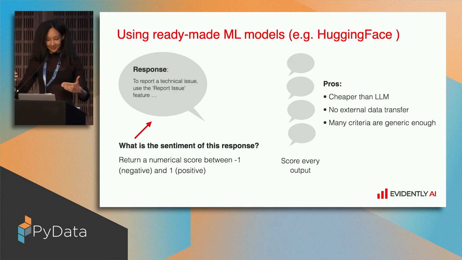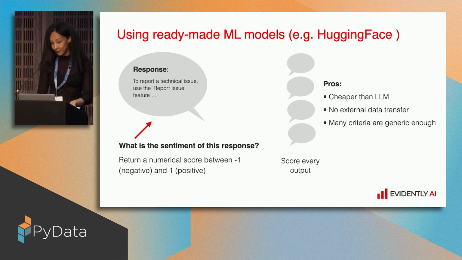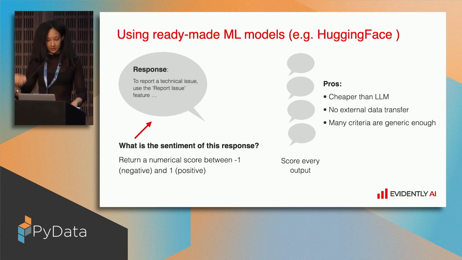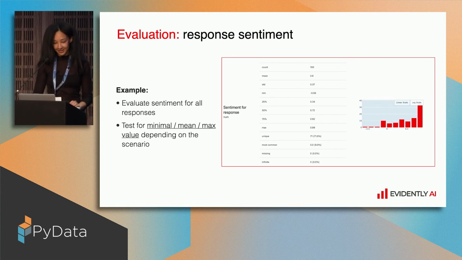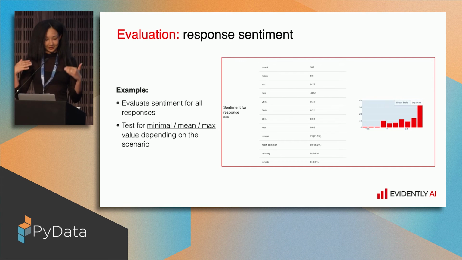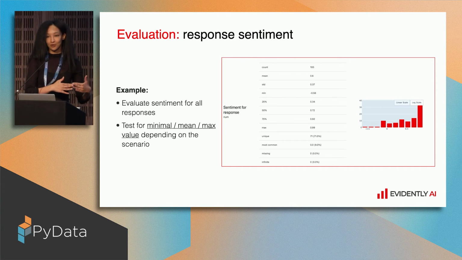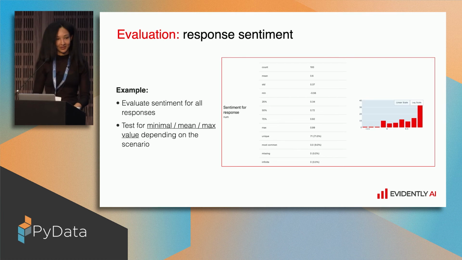Well, how will it look? You have your response, then you check for every single response what the sentiment is, and if you prefer, you can definitely train your own model, or you can load one from Hugging Face, and then you just get a score for every single text. Then you calculate statistics. We like statistics. This is the example from Evidently. And then you can write a test based on some mean value or minimum value or median value, which is very nice.